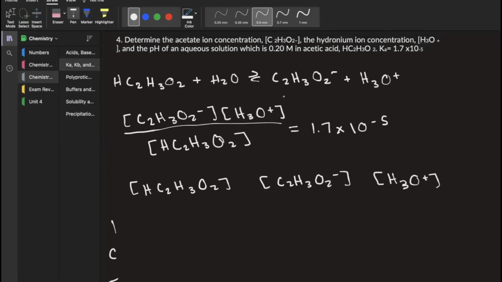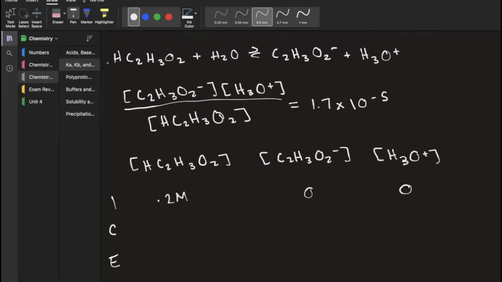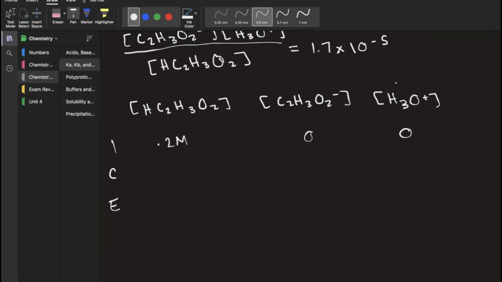The problem gives us our starting initial amount of acetic acid, which is 0.2 molar. And we don't have any yet of the products, so they're both going to be 0. From the equation, we can tell that the stoichiometry is 1 to 1. 1 molar of acetic acid gives us 1 molar of C2H3O2 minus and 1 molar of the H3O plus.